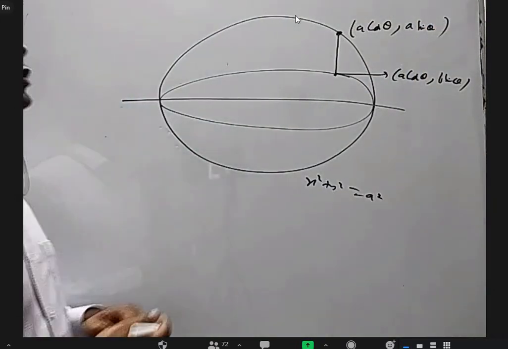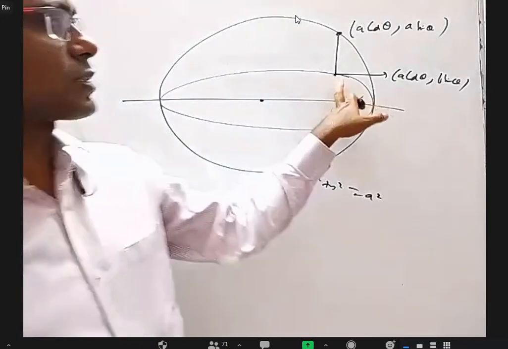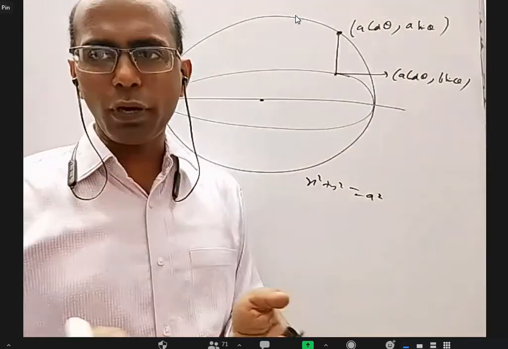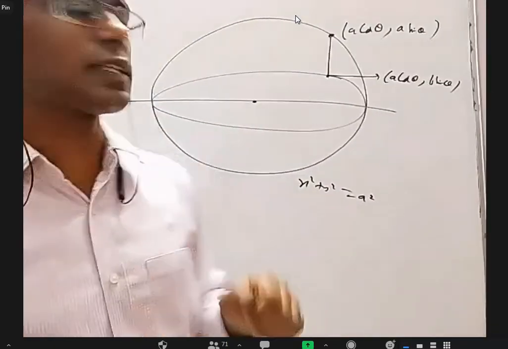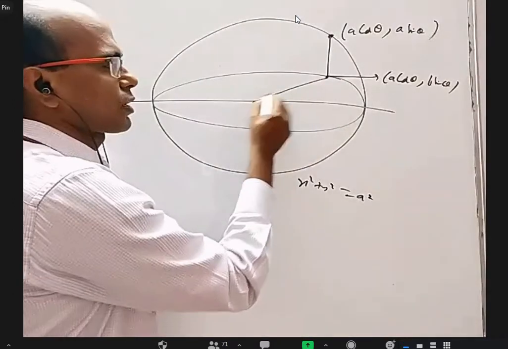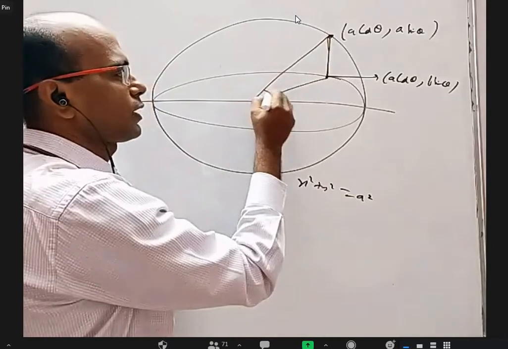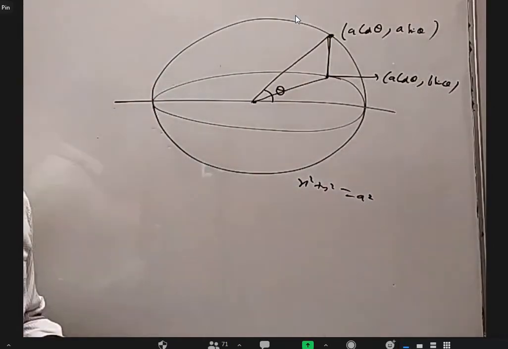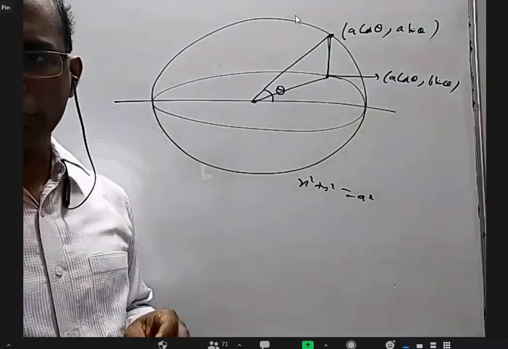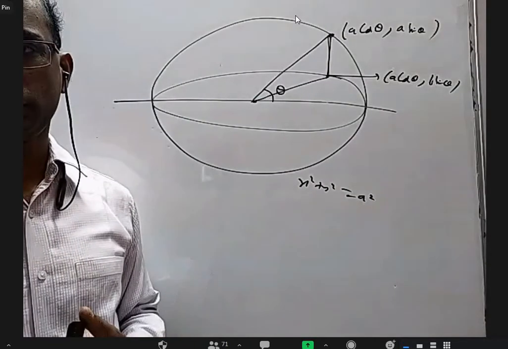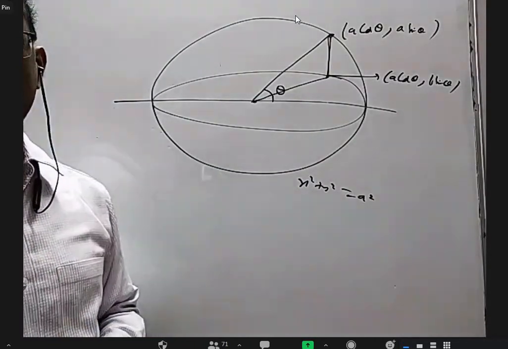Okay, right? So if somebody asks you, a cos theta comma b sin theta is the general point on the ellipse, I agree. But what is this theta? Is it the angle when you join to origin? No. Go to the auxiliary circle and that point you join, that is theta. Is it okay? Yes, sir.